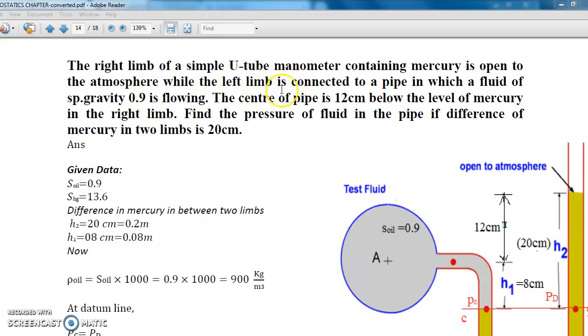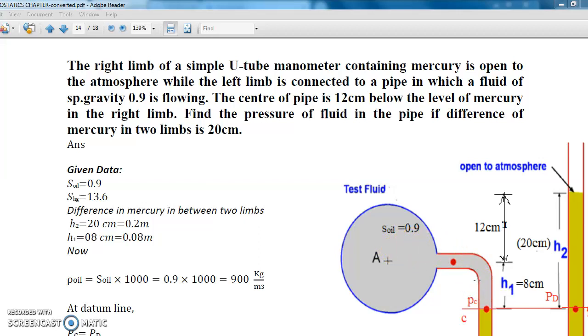So this is a U-tube manometer where the right limb is open to atmosphere, and this is the right limb and this is the left limb, while the left limb is connected to the pipe in which the fluid is flowing of specific gravity 0.9.